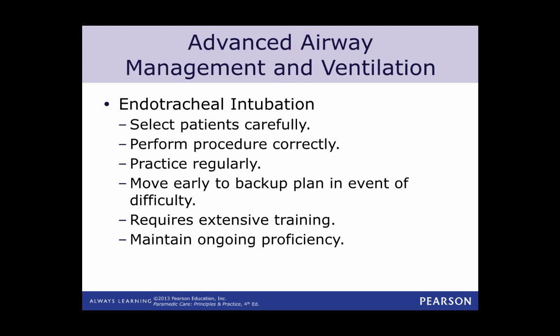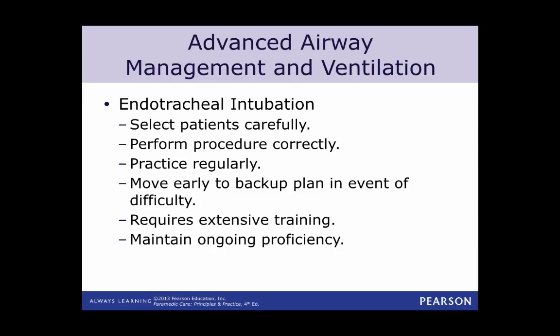Okay, so endotracheal intubation, you have to select a patient carefully, right? Like going in at 4 o'clock in the morning, a really rotund or obtunded patient, very little room to move. Maybe that's not the best time. Maybe we need to select that patient for one of those extraglottic or supraglottic airways.